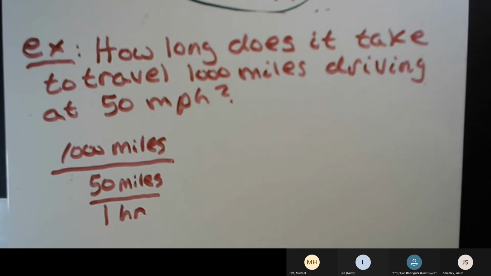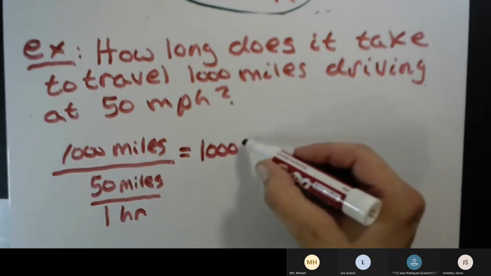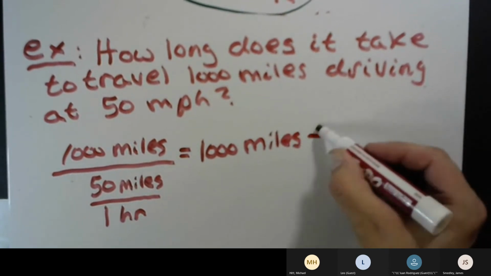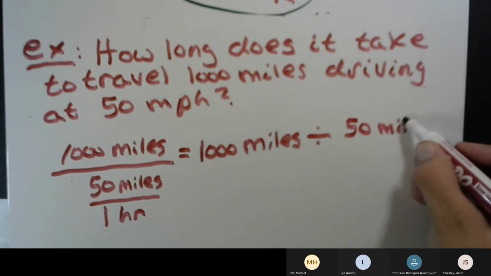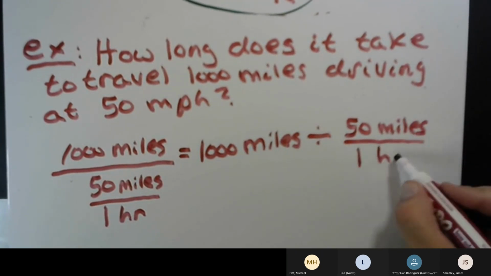That's what 50 miles per hour means. Now this again in algebra means division. So this is 1,000 miles divided by 50 miles over 1 hour.